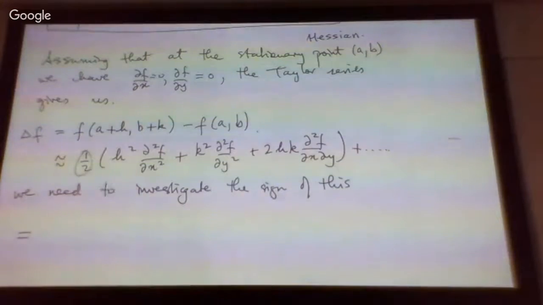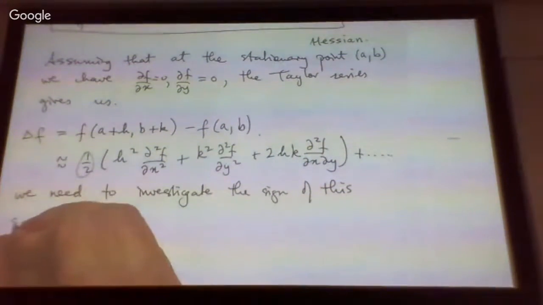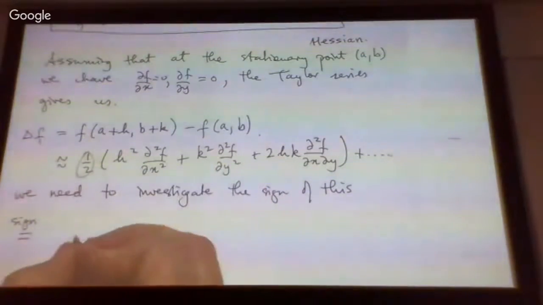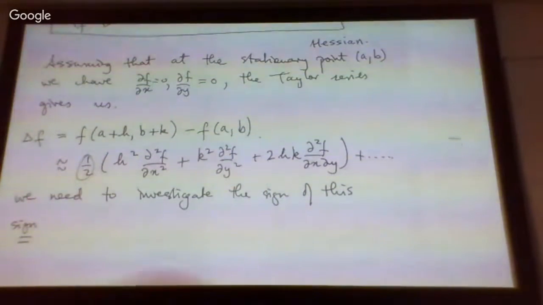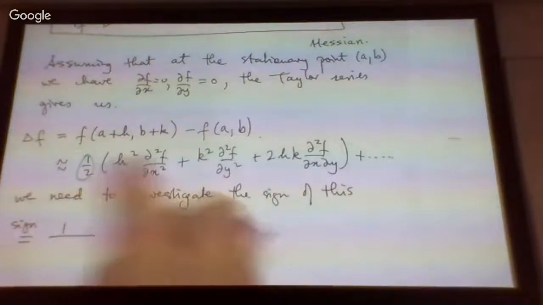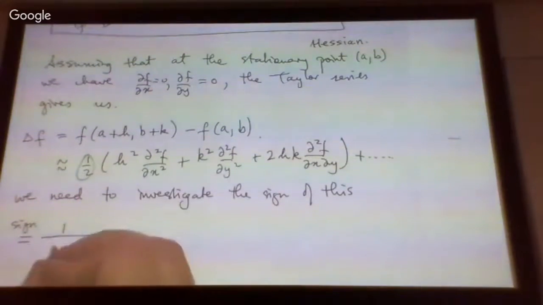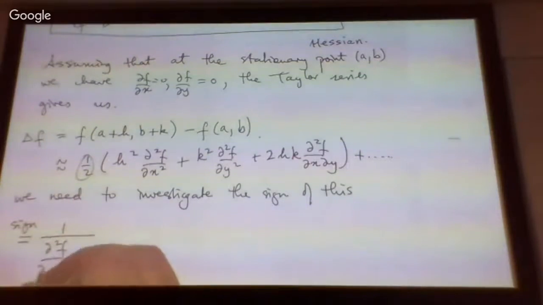So the fact that it's divided by a half is neither here nor there. Okay? I'm just looking at the sign of this. So the sign of this is going to be the same as the sign, and I'm going to divide out by d2f/dx squared.